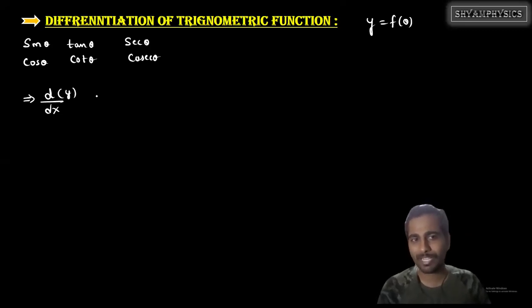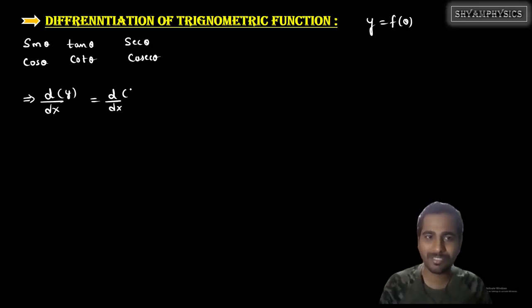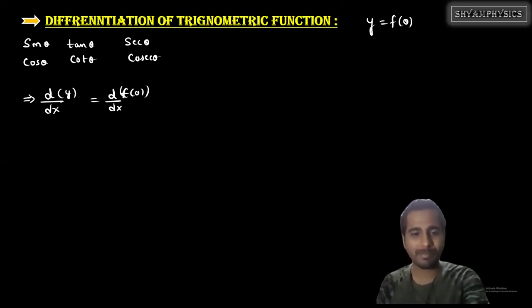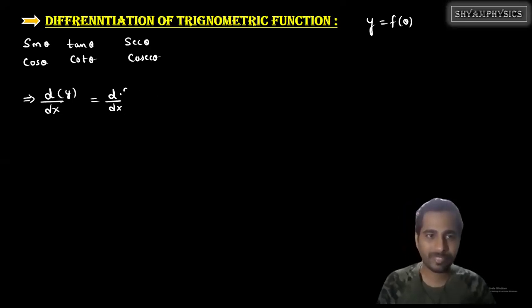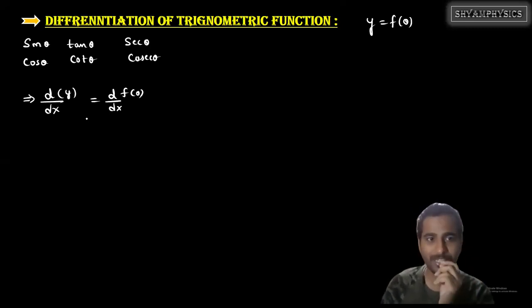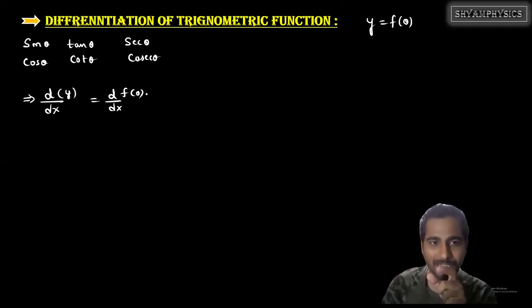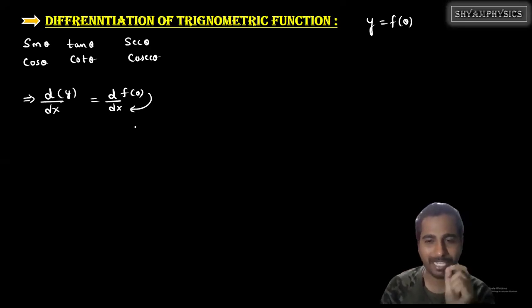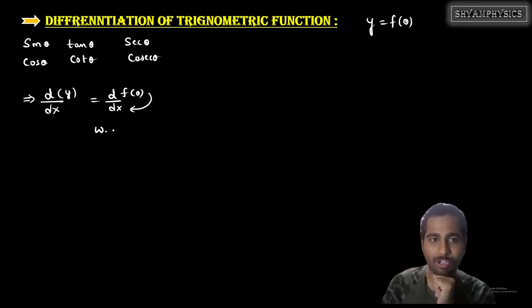Now I can write this as d by dx of f of theta. It might look clumsy, but no problem. f of theta is the function. Now tell me one thing: if it is theta and you write dx here, will it be correct? No, it is not correct. So this is the wrong method.